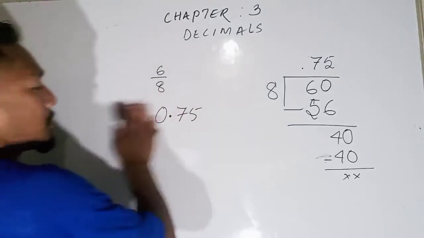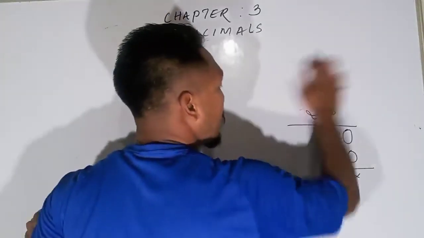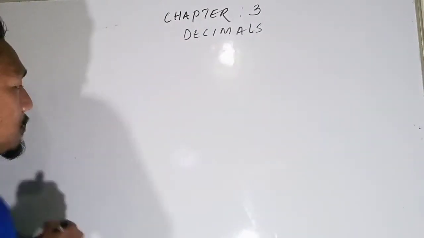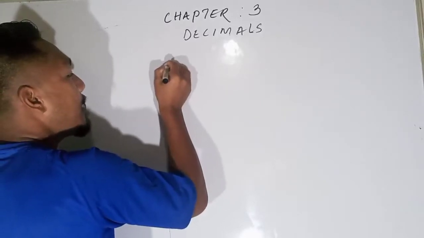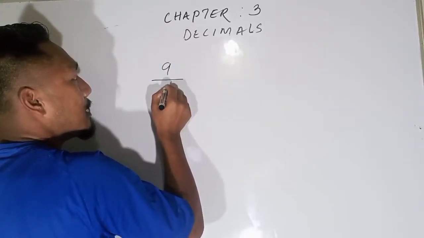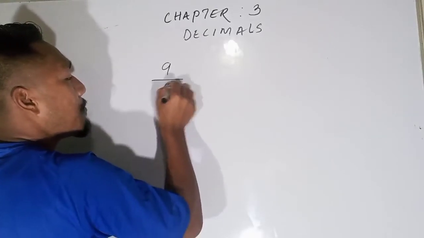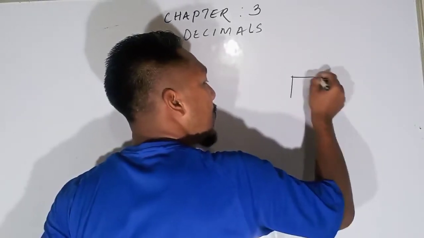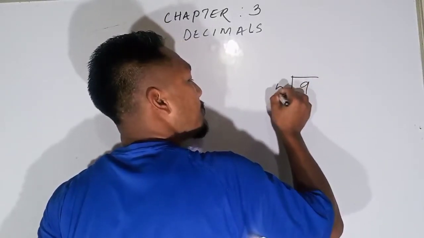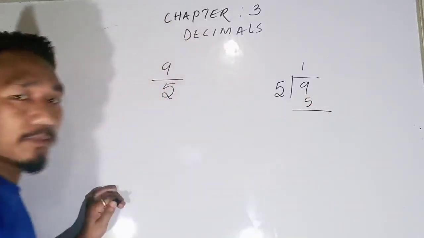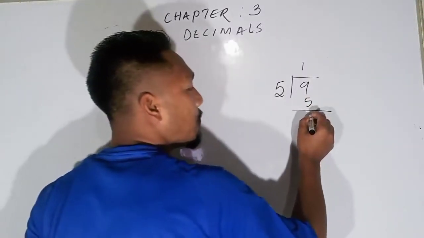into a decimal. Similarly, let's discuss one more number. Let's say I want to divide 9 by 5. That means 9 will be yours, then divided by 5. 9 cannot be completely divided, so 5 ones are 5, and the remainder becomes 4.